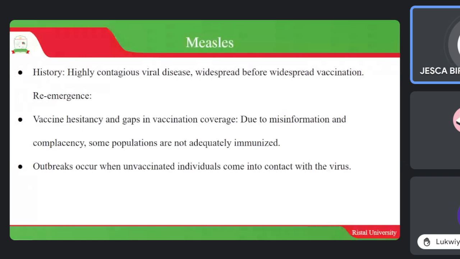There was misinformation, and most of the populations were not immunized. So outbreaks occur when unvaccinated individuals come into contact with the virus. And then measles keeps reoccurring in the areas.